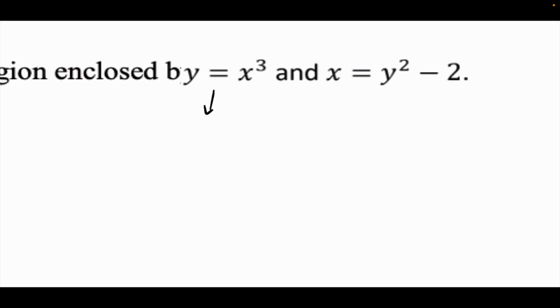The other one isn't. I have to solve this guy for x. So I take the third root of both sides. I get x equals the third root of y. I don't need a plus and a minus because it's third root. It's not square root.